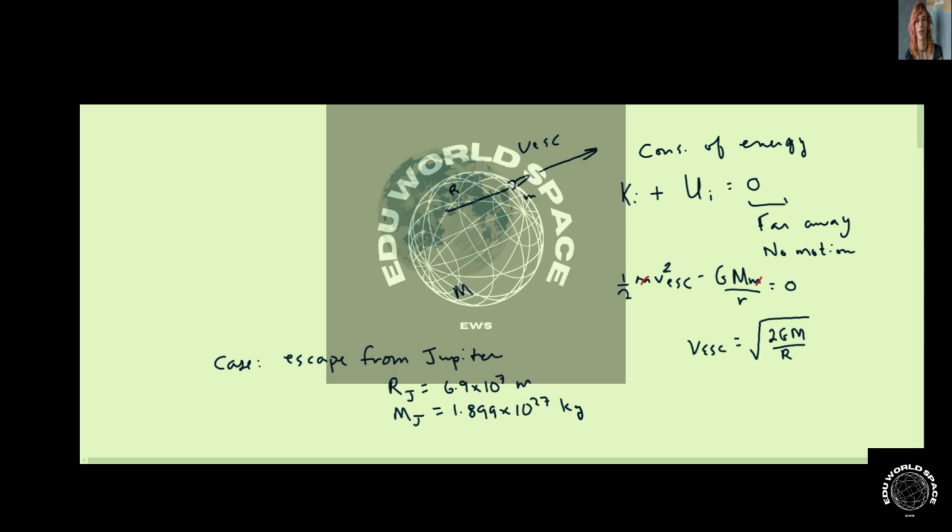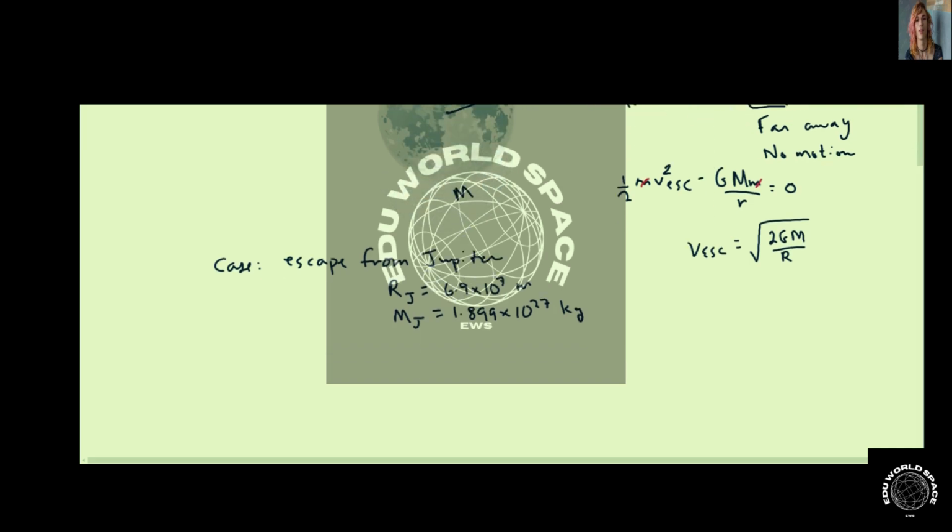And G is a well-known constant. Let's see, 6.673 times 10 to the minus 11th newtons meter squared over kilogram squared.